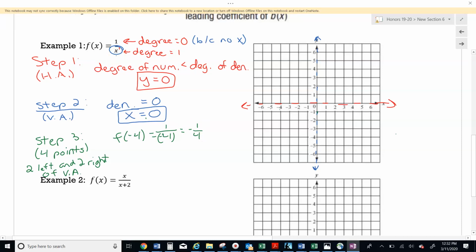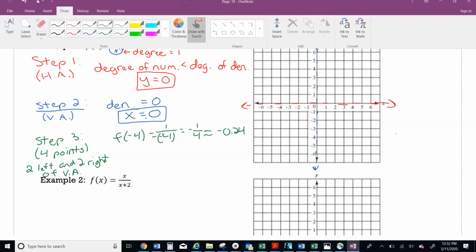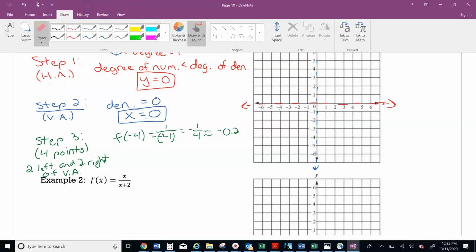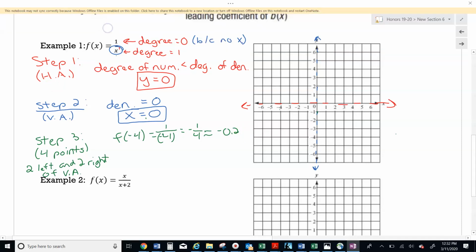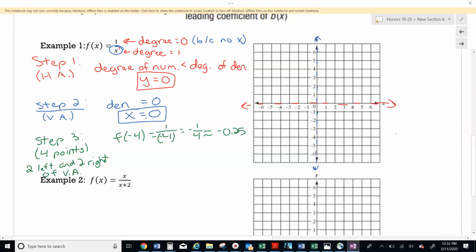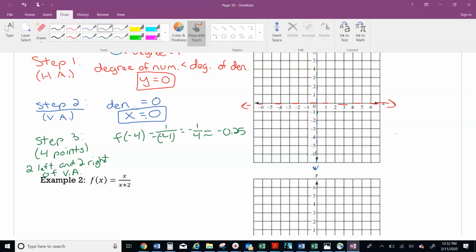If you need to approximate it to a decimal, negative 0.25, that's fine. You can just use the calculator, right? If I do 1 divided by 4, it gives me 0.25, or control enter on the TI-Nspire. Okay.